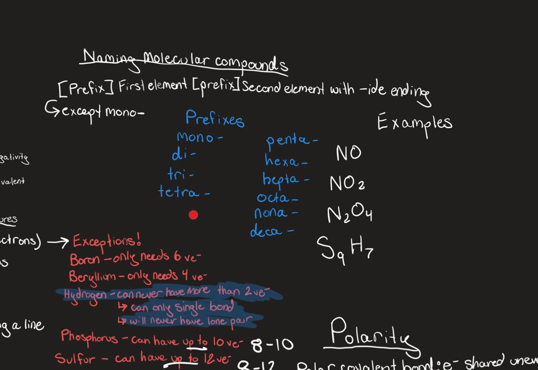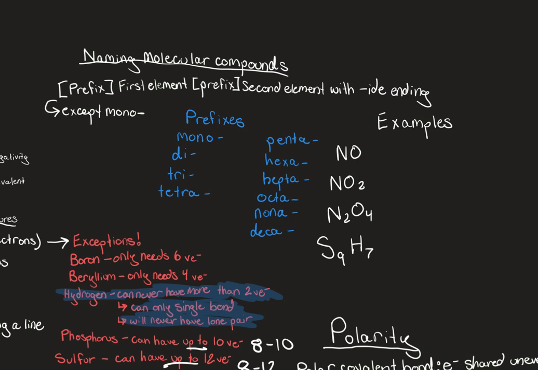So here are the prefixes that I wrote down for you. You do have to memorize these, okay? So if you haven't already, make flashcards. It's really important you memorize them. So we're going to do some examples together. So I have NO. So I have one nitrogen atom. So I'm not going to have a prefix because one is mono.